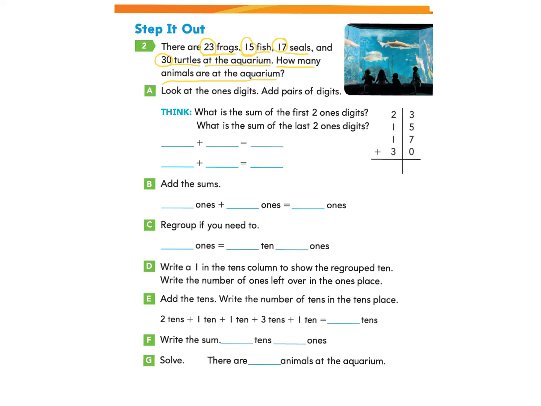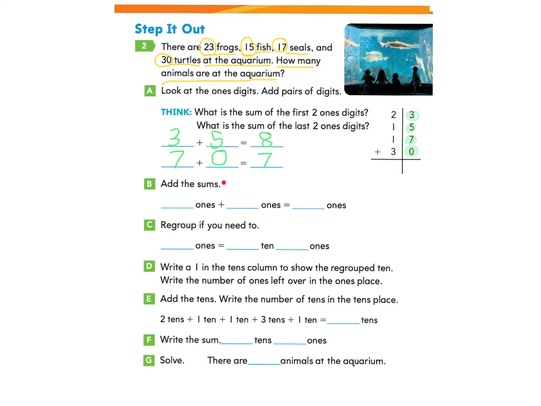So we'll take a look here at 3 and 5 first. We will write in 3 plus 5, and 3 plus 5 makes 8. Now we're ready to look at the other 2 digits, 7 and 0. So we're going to go ahead and write those in this equation, 7 and 0. And we know that 7 and 0 make 7.